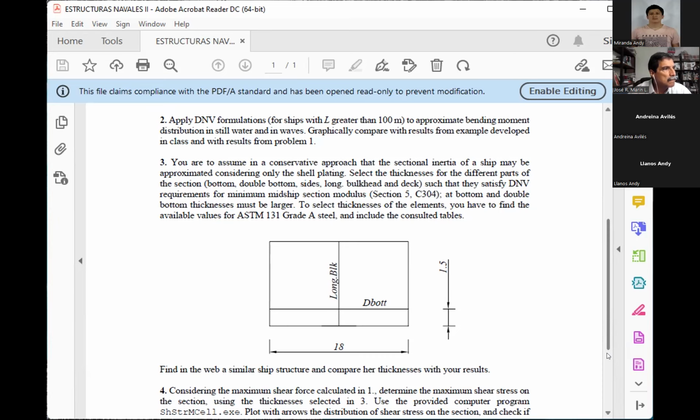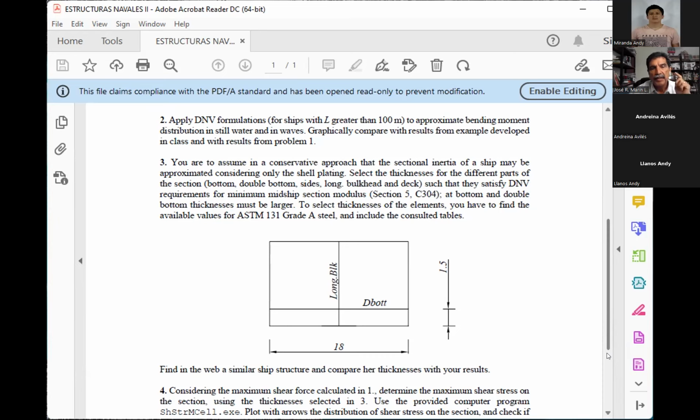Okay, go on. To select thicknesses of the elements, you have to find the available values for ASTM A131 grade A steel and include the consulted tables. So this is the material that we are going to consider.